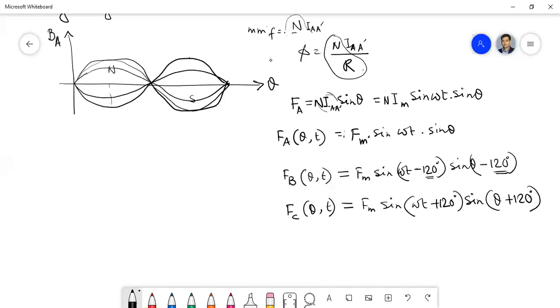And if we want to find out the resultant magnetic field, we have to consider the contribution of all the three phases. That means Fa plus Fb plus Fc.